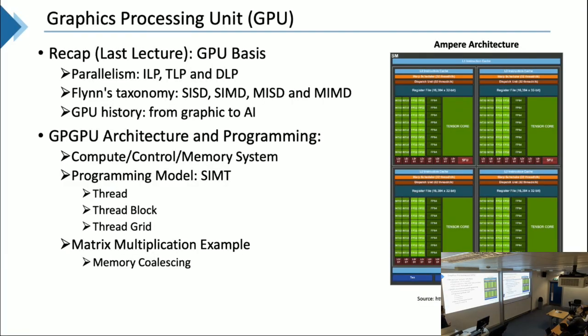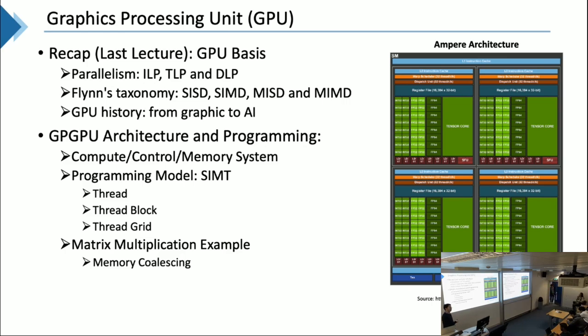Before we start the content today, let us recap what we have learned last week. The main topic was GPU. Before we introduced GPU, I introduced some basic concepts, first different types of parallelism. We introduced instruction level parallelism.